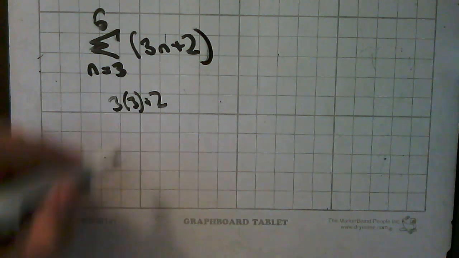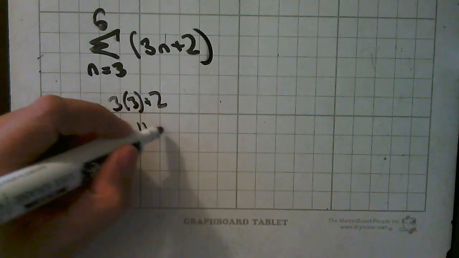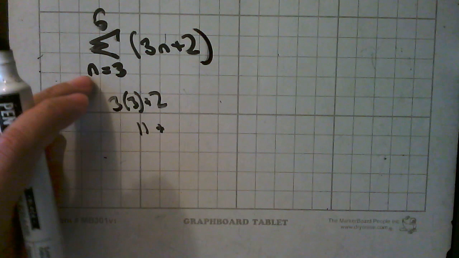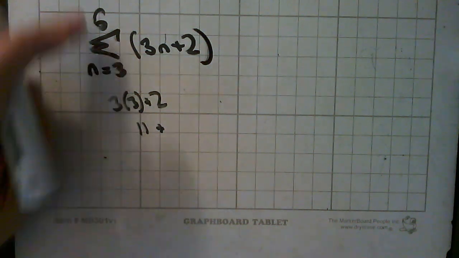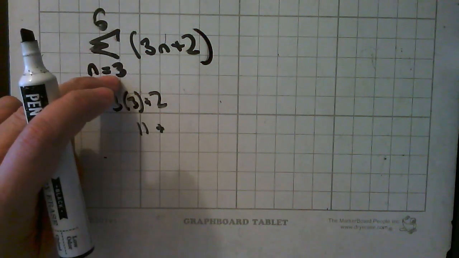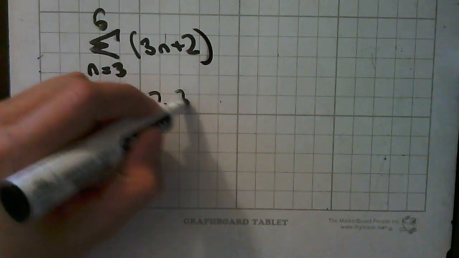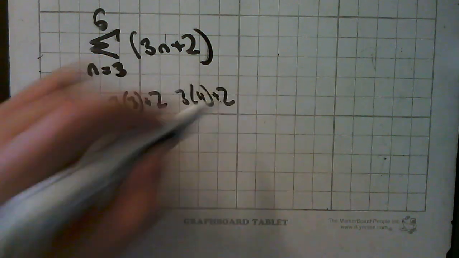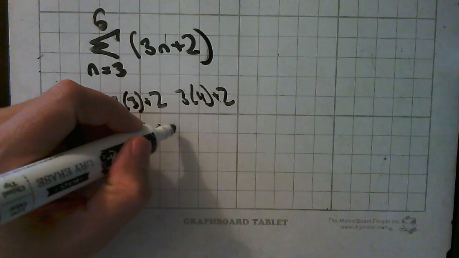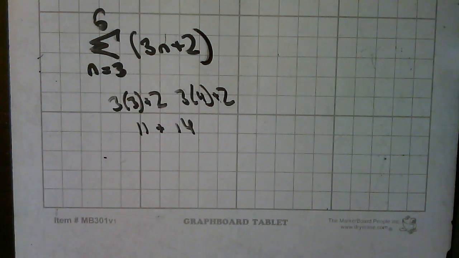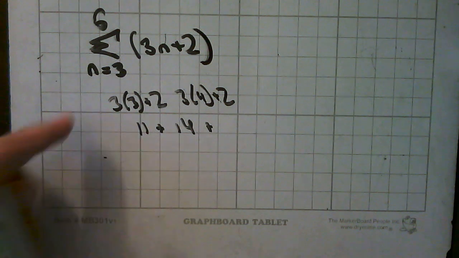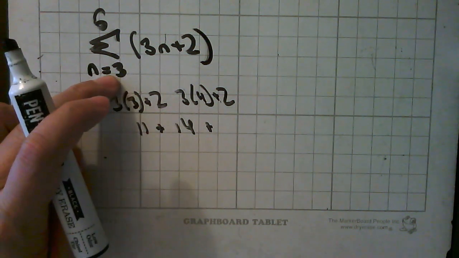That's going to give me 9 plus 2 is 11. So our first term is 11. For our second term, so we're going to go from 3 to 6. So our second term, we're going to use 4. So we got 4, 3 times 4 plus 2 is going to be 12, 13, 14. There's your second term.